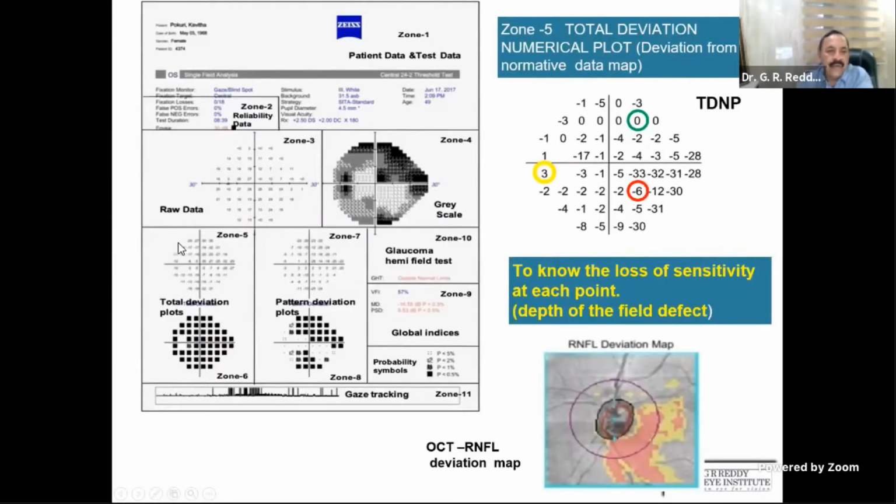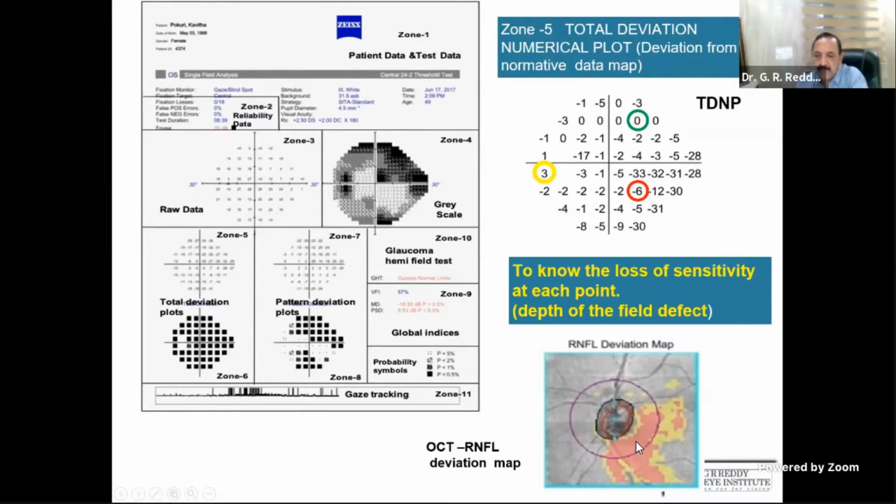So now coming to zone 5, this is the total deviation numerical plot. The total deviation numerical plot is to know the loss of retinal sensitivity, or the deviation from the normal, how much it is deviated from the normal. It corresponds to the deviation map of the OCT.